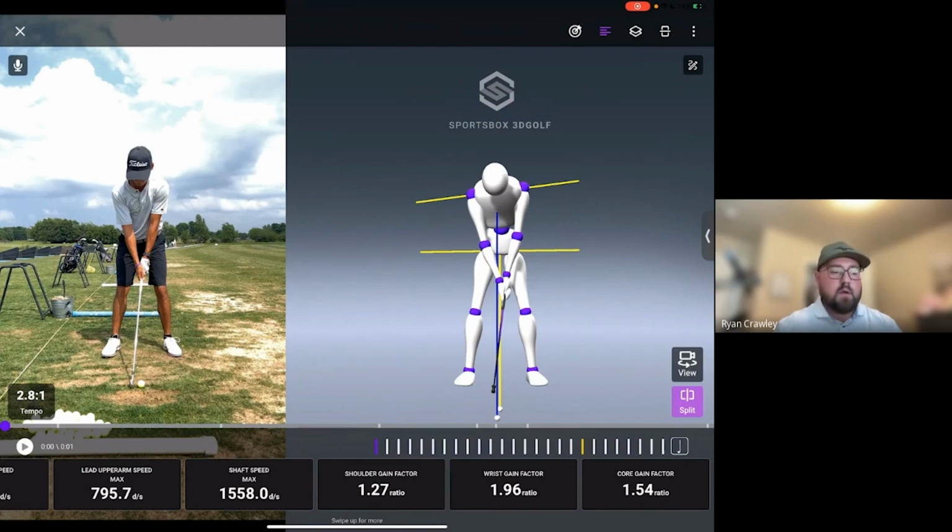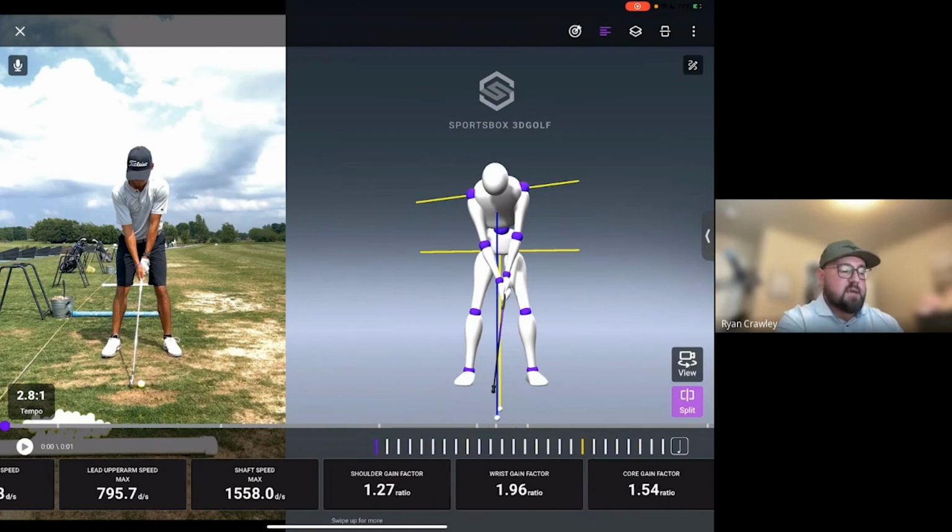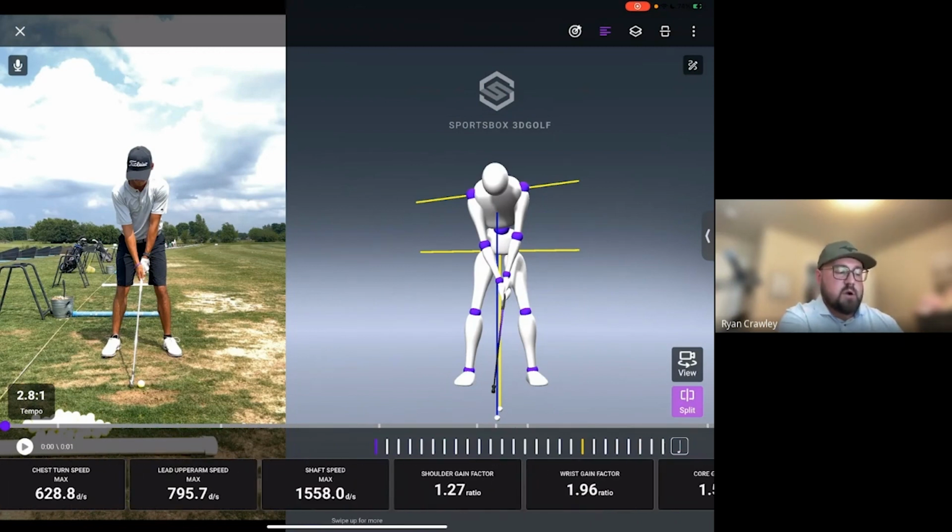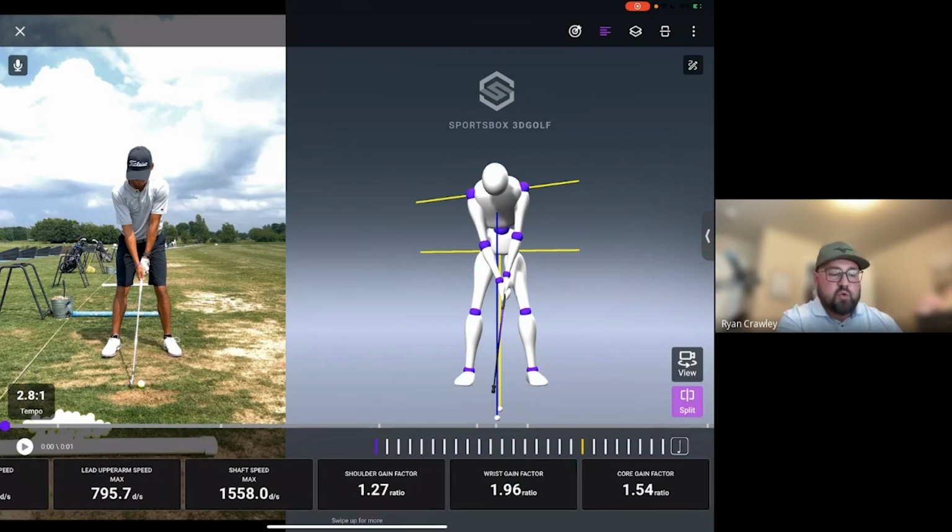When we move to the next segment and look at the chest turn and the lead upper arm, 795 divided by 628 is the shoulder gain factor of 1.27. The magic number, like I said, is 1.4. So this indicates there is something making him not move as fast, and he's not taking the speed from the chest and applying that to the lead upper arm.